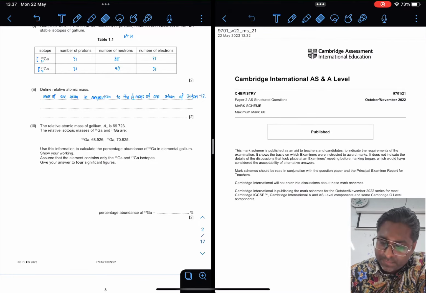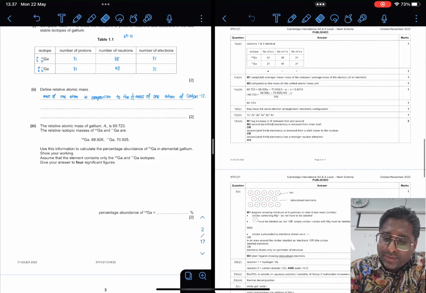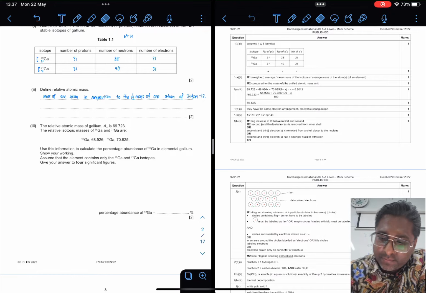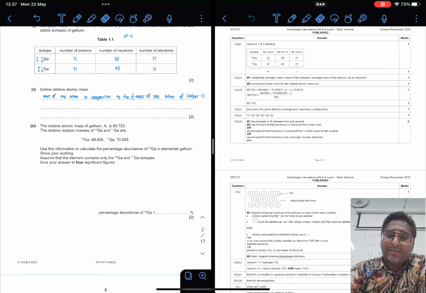The marking key for paper 2 says it is the average or mean mass of the isotopes, or average mass of the atom of the element, compared to the unified atomic mass unit. So this is a slightly different definition.